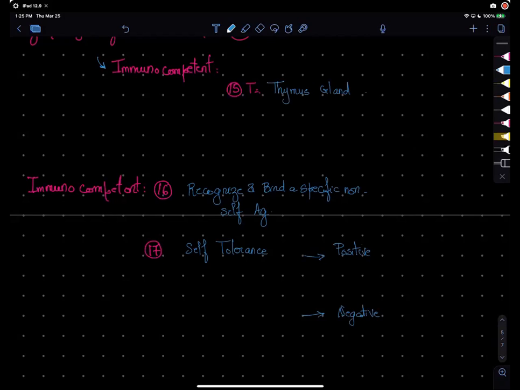I'm selecting the cells capable of recognizing a special self-antigen called MHC, major histocompatibility protein. In the negative selection, I am selecting which cells? The ones that are not able to recognize any other self-antigen.